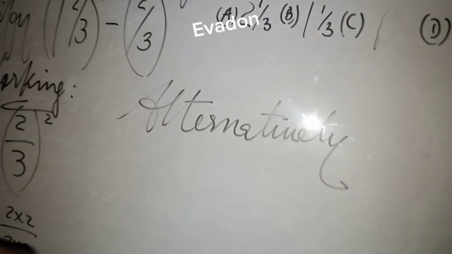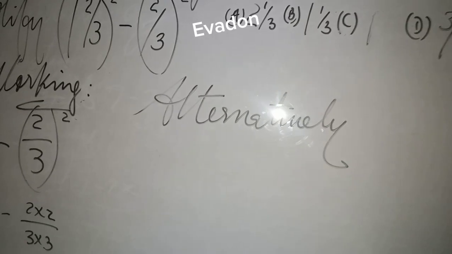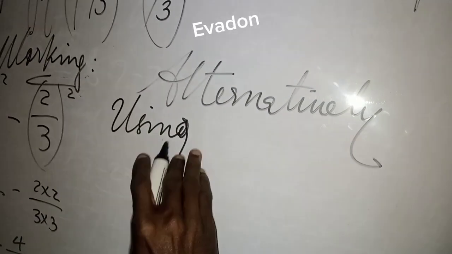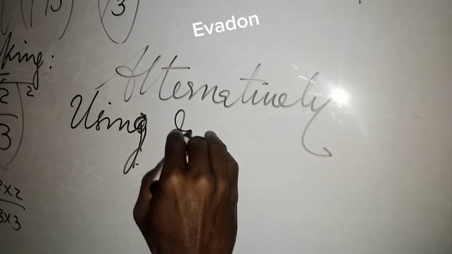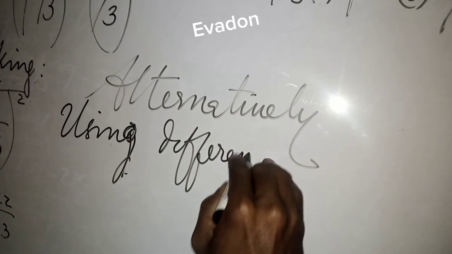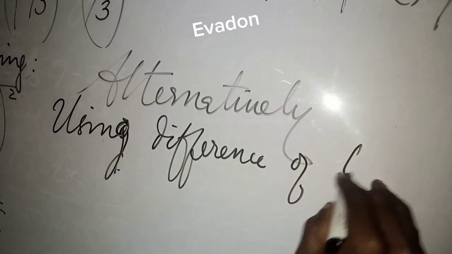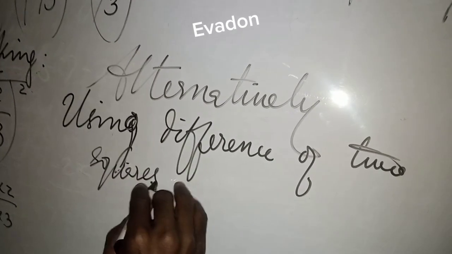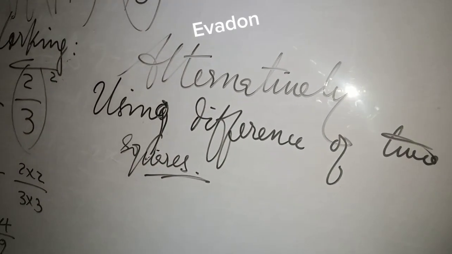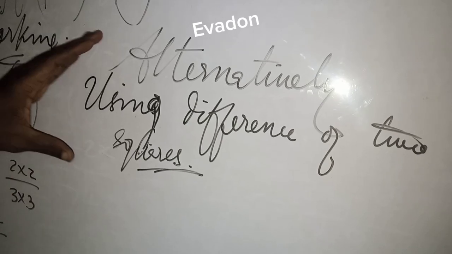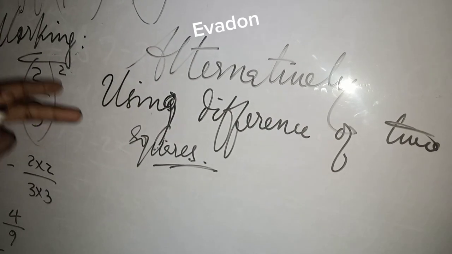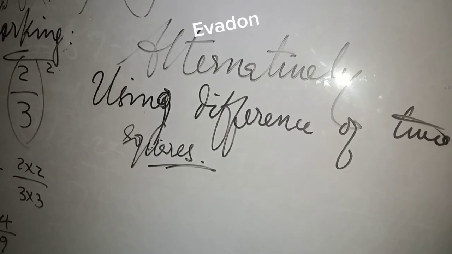Now, alternatively, we want to use the second method, the method of difference of two squares. We have discussed this before. The difference of two squares is when two perfect squares subtract each other.